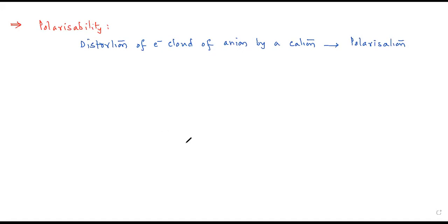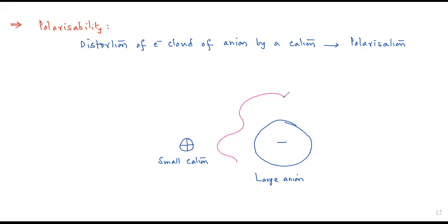Let me first show you what that is. Let me take a small cation. Now, when this approaches a large anion, you know the electron cloud of anion is distorted, is disturbed, is attracted towards the cation.